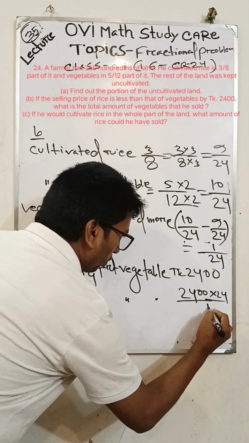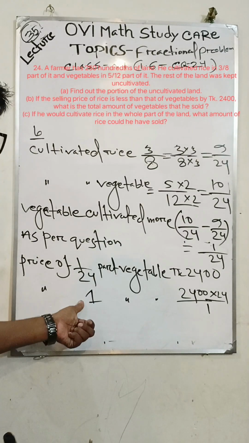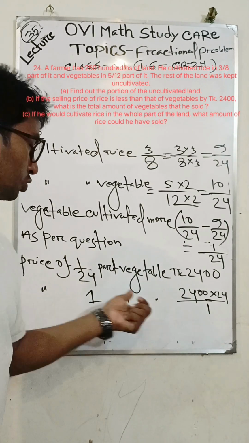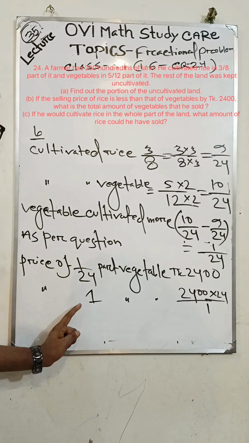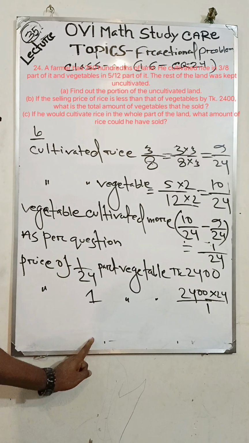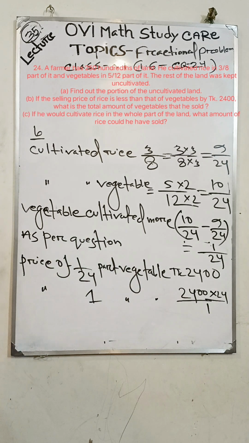24 by 1. Students, you should bear in mind, when we use 1 after the fraction, the fraction will be inverse. But when we use a fraction after 1, it will be multiplication, it will not change.